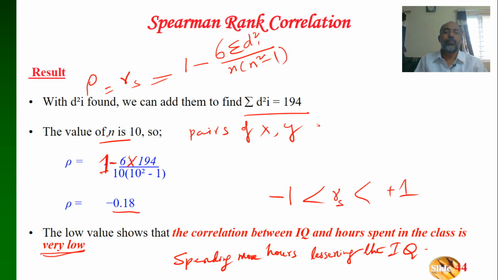So 1 minus 6 into 194 divided by 10 into 10 square minus 1. So you get a negative value, minus 0.18.